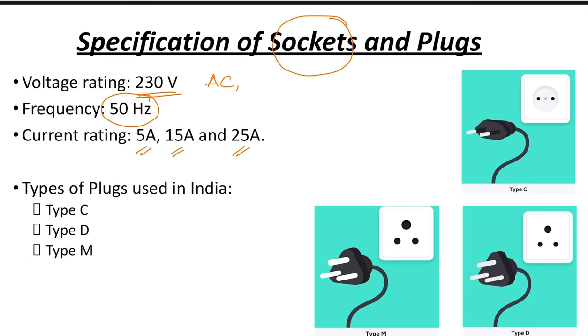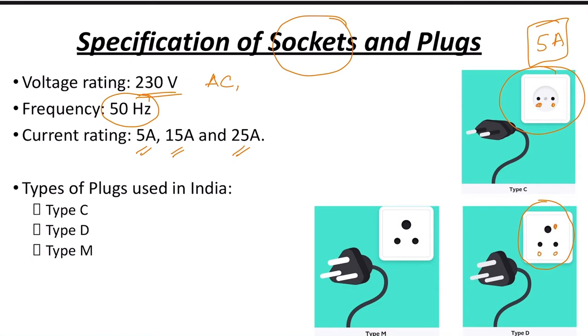Okay, so this is an example of a 5 ampere socket. When we say 5 ampere, that means the current drawn by the load connected on this socket should not exceed 5 amperes. Similarly, you have this socket. If you see, this has two holes, this has three holes.